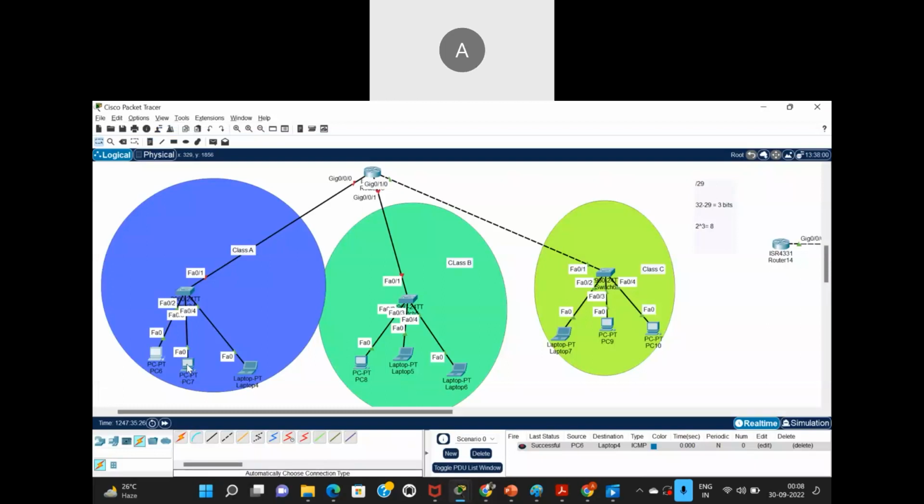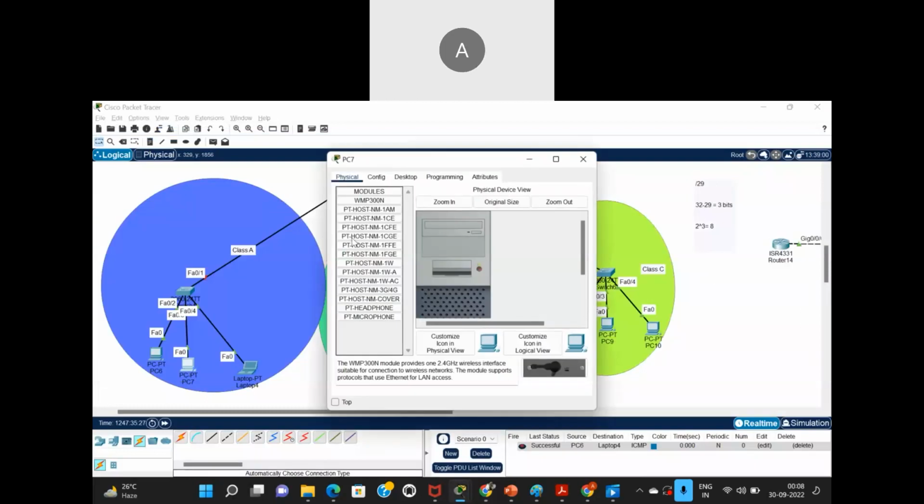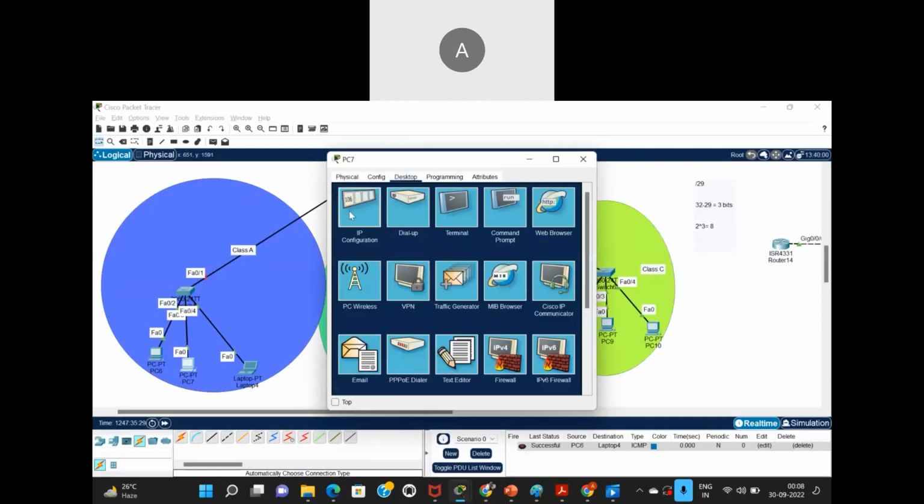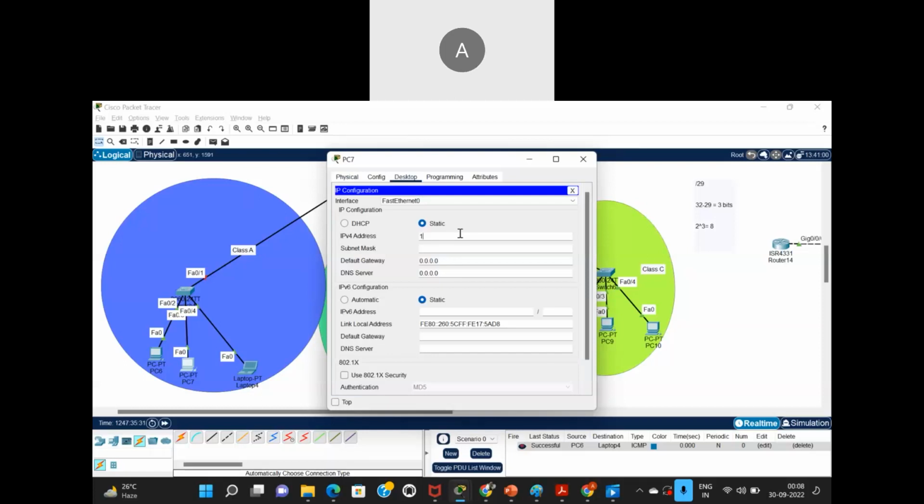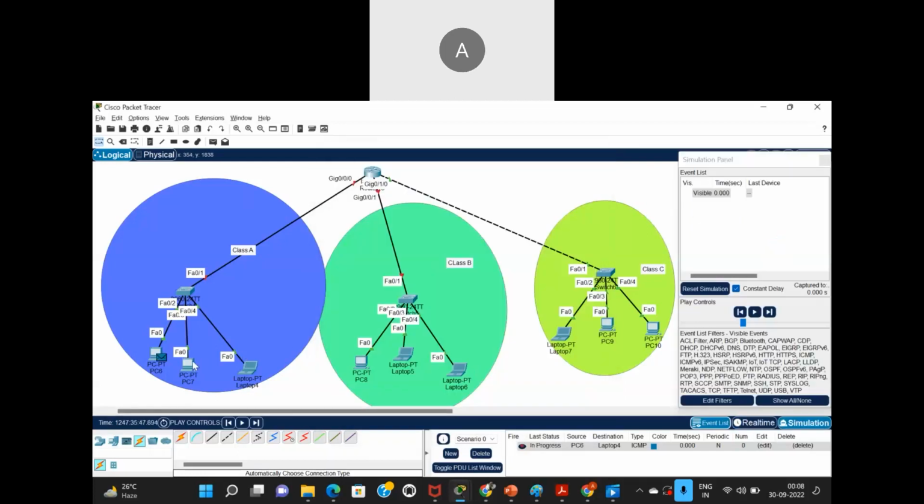Let's say this PC one gets an IP. It takes an IP, right? Let's say it tries to assign the same IP as me, right? Let me put this in simulation first.